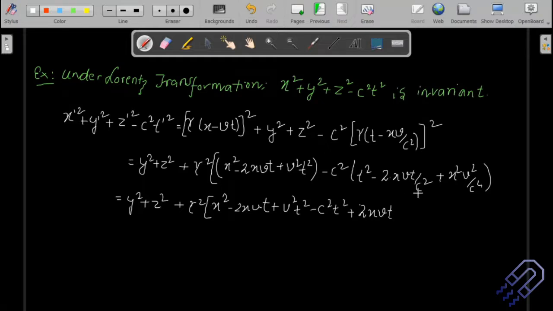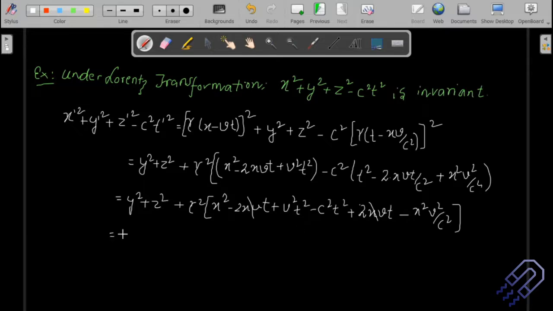This c square and this c square will get cancelled, and then minus the c square and c to the power 4, so this would be x square v square by c square. If we do that, this gets cancelled with this. What else? That's it. That's all that remains.